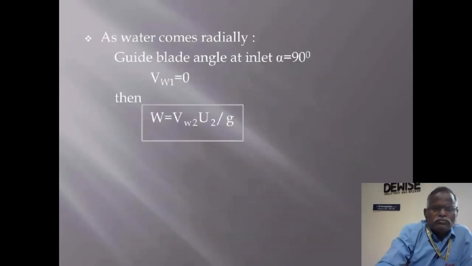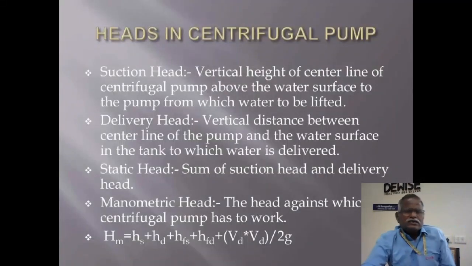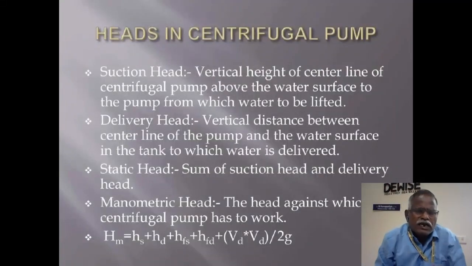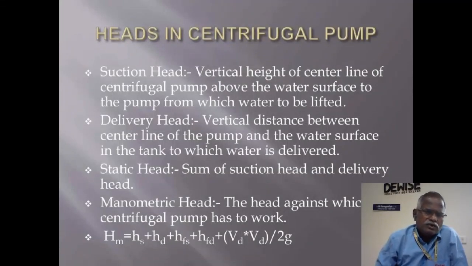Next, the heads in the centrifugal pump: suction head, delivery head, static head, manometric head. These are the different heads in the pumps. The vertical height of the center line of the pump above the water surface of the water to be lifted is called the suction head.